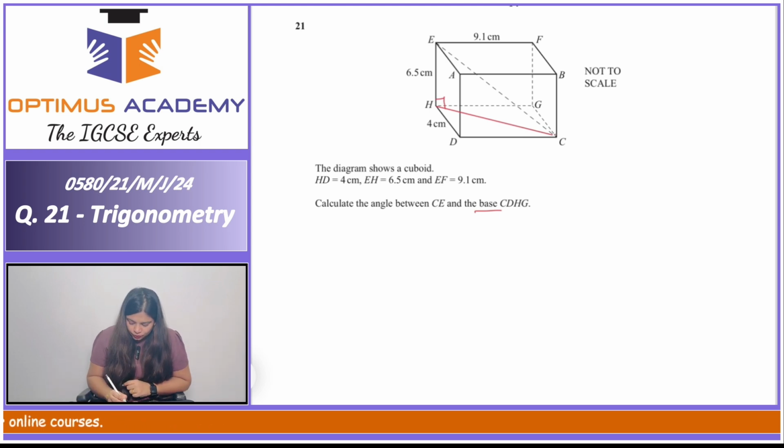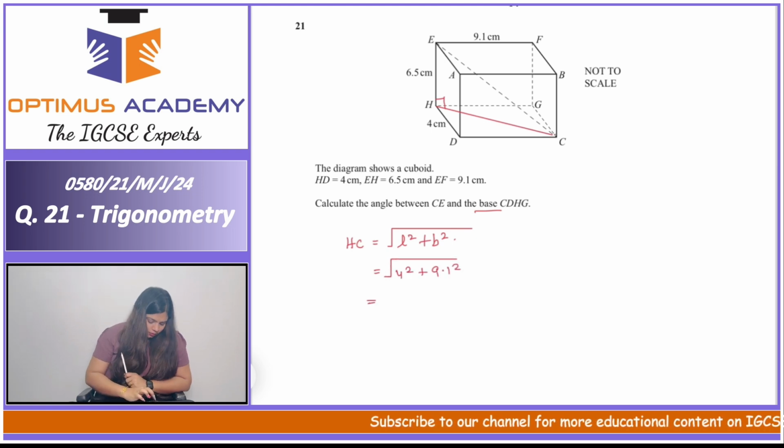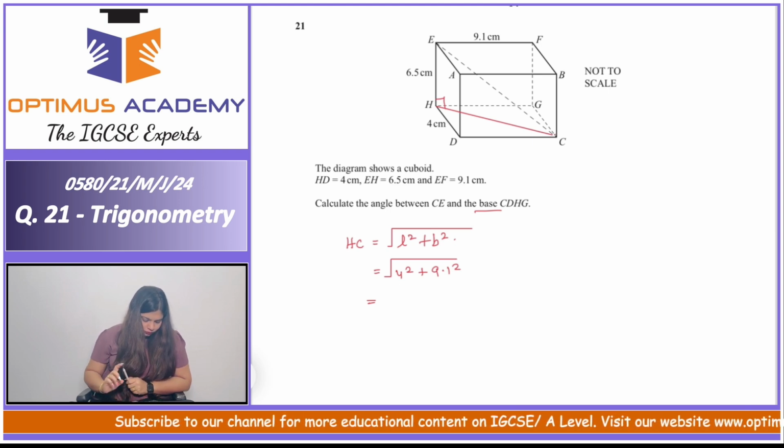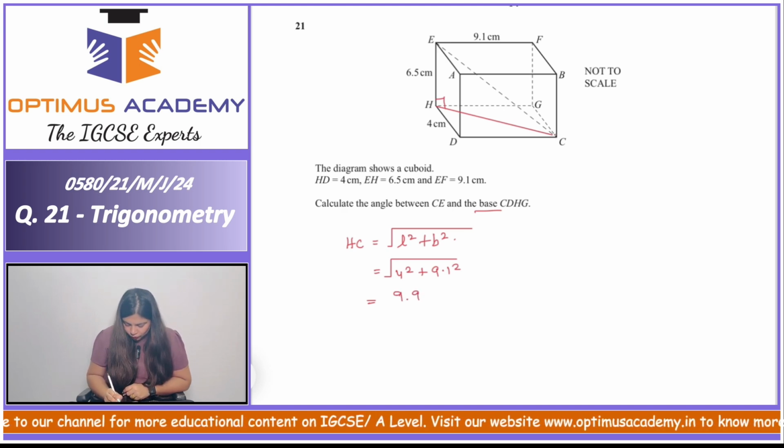Now, first we are going to find HC using Pythagoras or diagonal formula, that is L square plus B square, which is root 4 square plus 9.1 square. So the answer for HC would be 9.94.